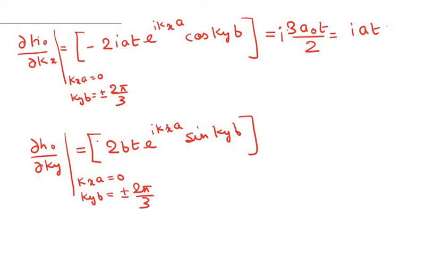Again, if we put kxa equal to 0, then this entire factor goes to 1, and if we put plus minus 2 pi by 3 in kyb, this factor basically becomes plus minus 3 a0t divided by 2. And again, if we want to express it in terms of b, because this derivative is with respect to ky, this would basically become plus minus root 3 bt.